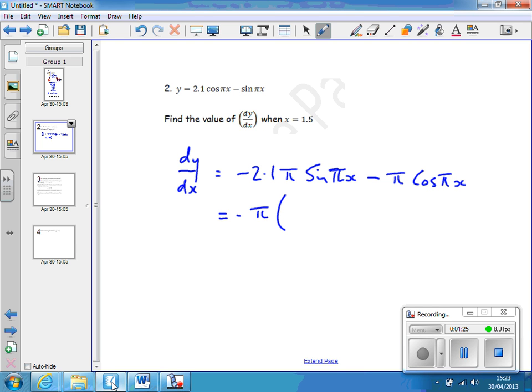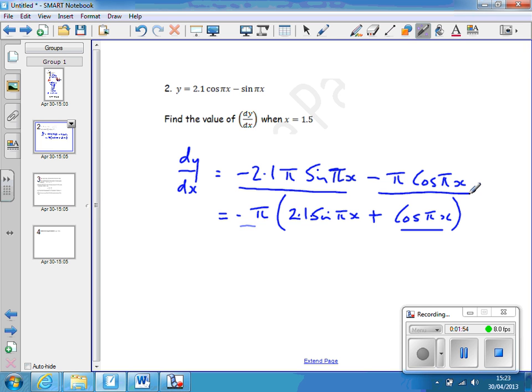If I were to factorise this, taking minus pi outside the bracket, that would leave 2.1 sine pi x plus cos pi x inside the bracket. Multiplying out the brackets, you can see that minus pi times that gets us back to the first term, and minus pi times this gets us back to that term. So you could factorise it, taking minus pi outside the bracket.